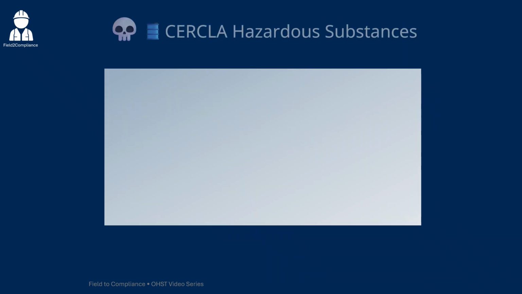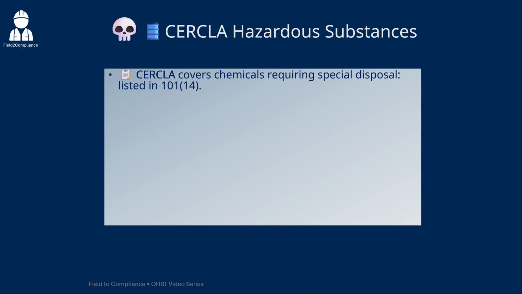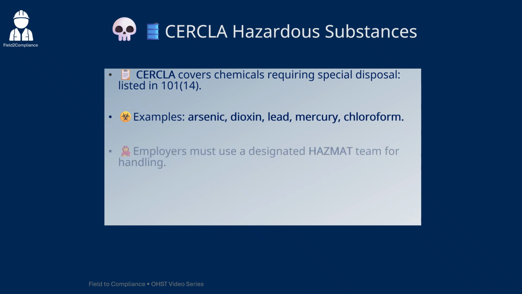Now let's talk about CERCLA. That's the law that covers hazardous substances needing special cleanup and disposal. These chemicals are listed in Section 101.14, and they're no joke. We're talking about arsenic, lead, mercury, dioxin, and chloroform.